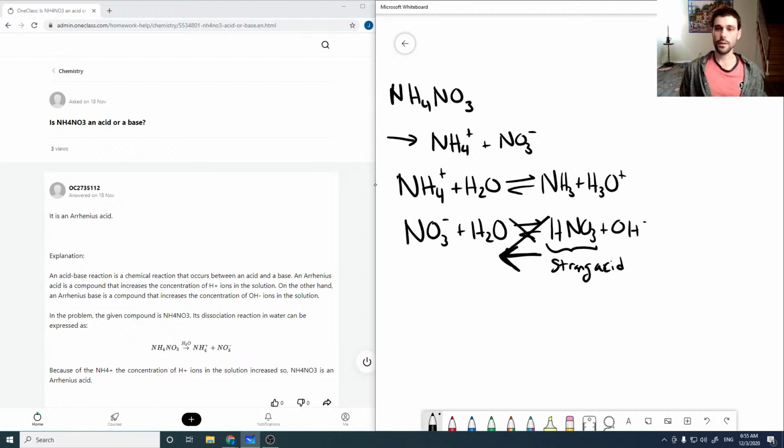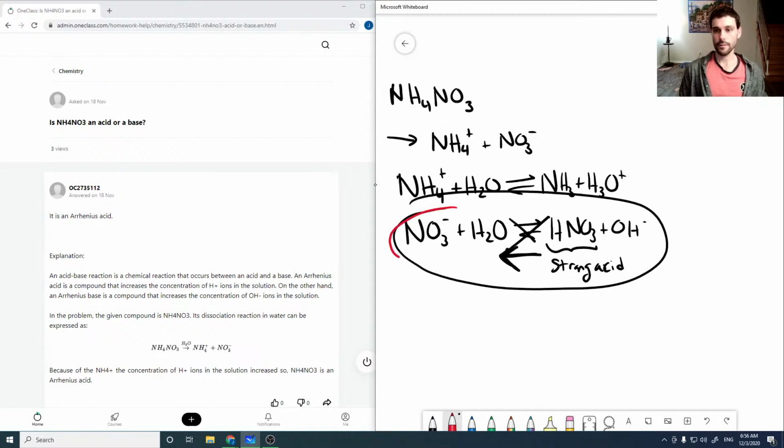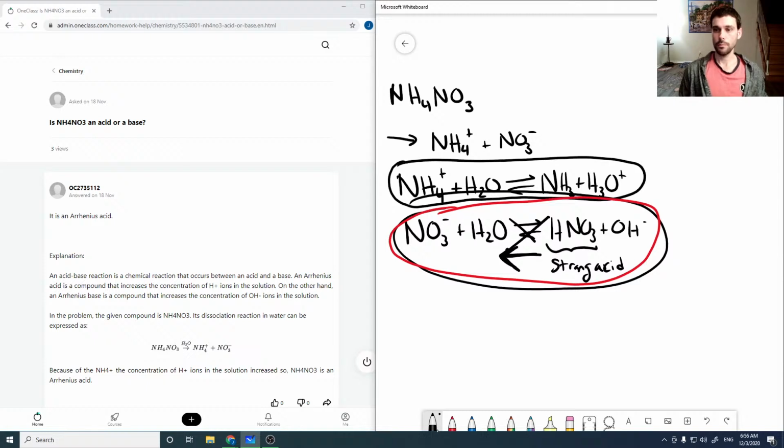So when we dissolve this salt in solution, this reaction just doesn't happen. Maybe I should have circled that. This one just doesn't happen, and this one is the only one that does happen, which gives us H3O plus. Therefore, this salt will be acidic.